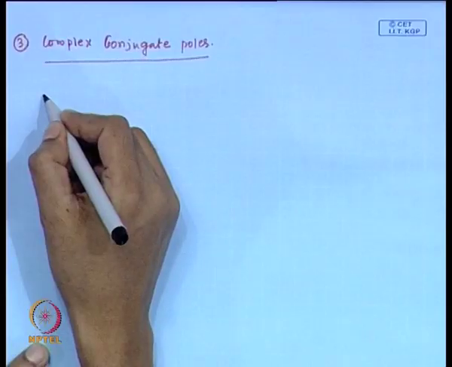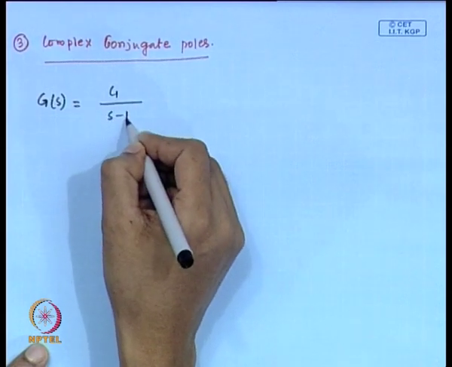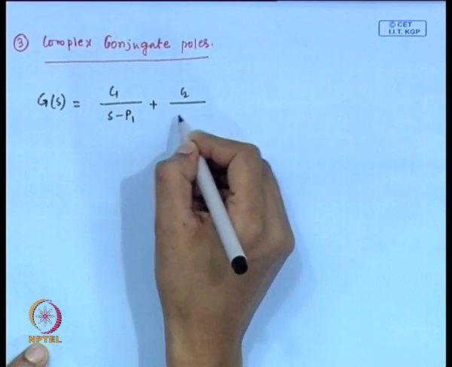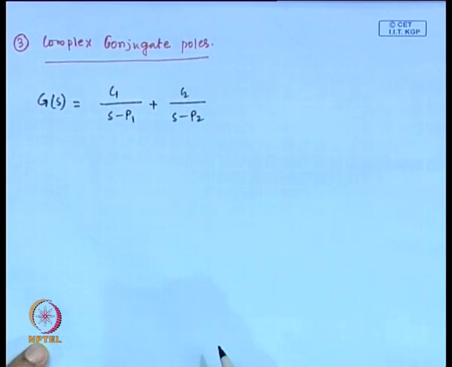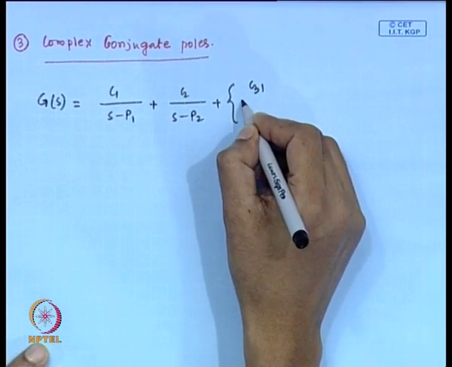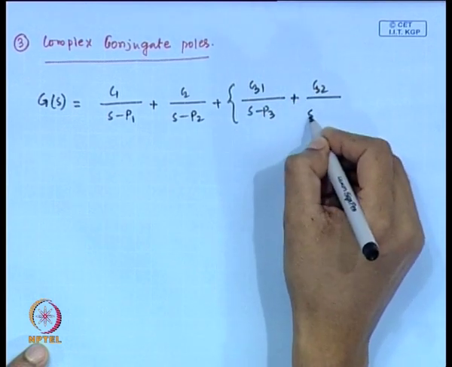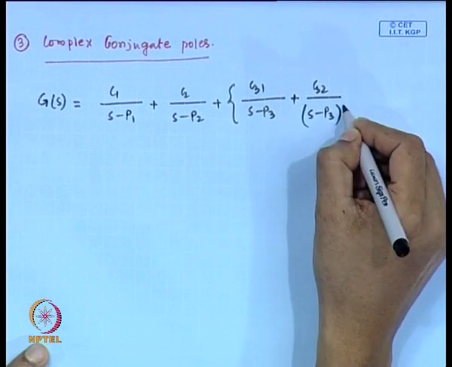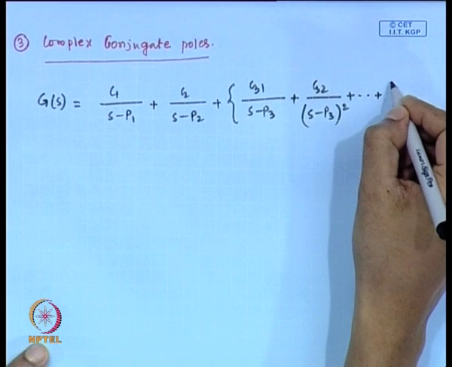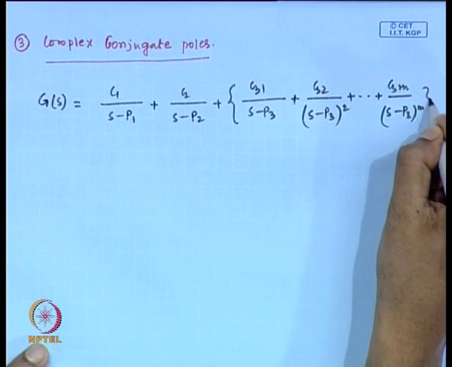The general form of transfer function, I am again writing that: C 1 by s minus P 1 plus C 2 by s minus P 2. These two right hand terms we have considered for the two distinct real poles. Next term we have considered for the multiple real poles, C 3 m by s minus P 3 whole to the power m.